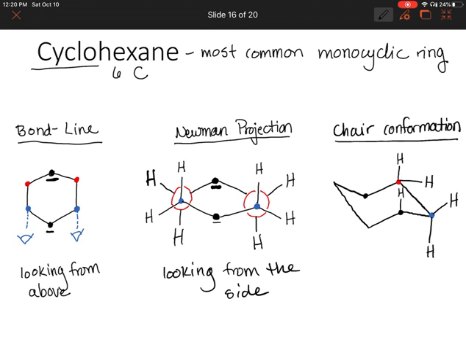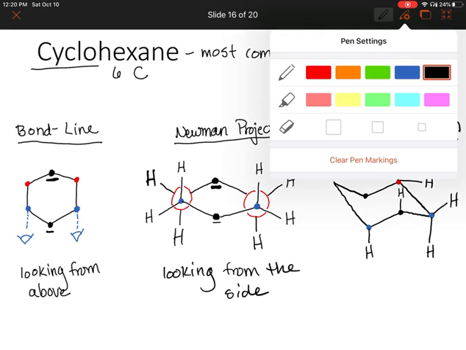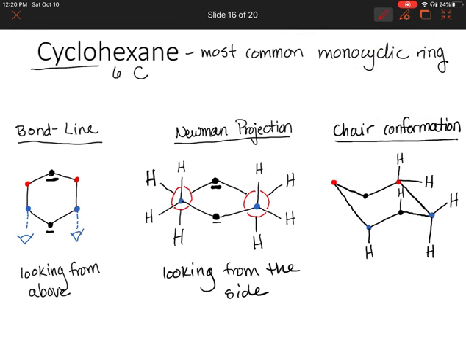And we can actually keep going around the structure. So the next one, we would draw a hydrogen going down. And then the next carbon, the hydrogen would go up. And on the next carbon, the hydrogen would go down. So the hydrogens alternate up and down around this ring.